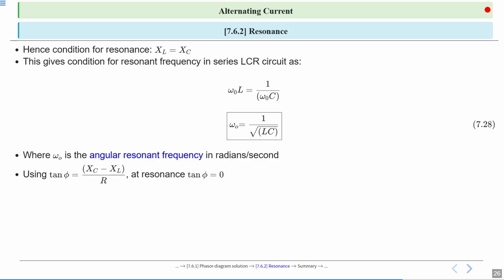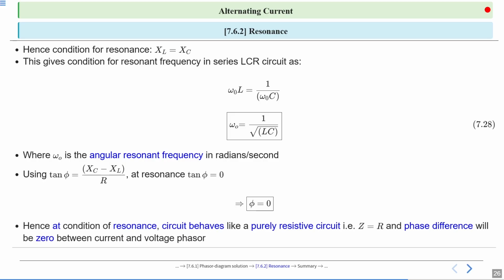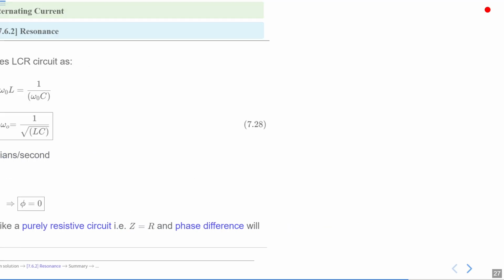So at resonance, impedance becomes minimum, which is equal to R, the resistance. Current becomes maximum and the circuit will behave like a purely resistive circuit. So phi will become 0. Hence, at the condition of resonance, the circuit behaves like a purely resistive circuit, that is Z equal to R, and the phase difference between current and voltage will be 0.